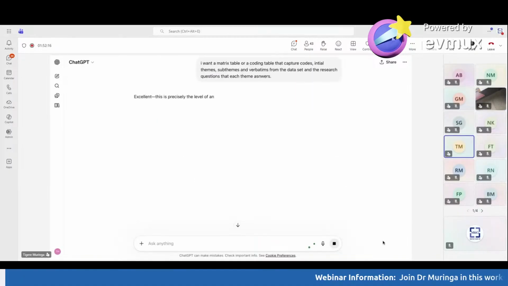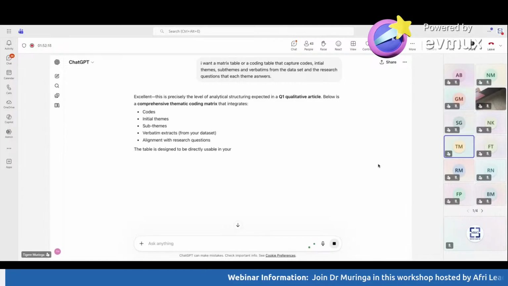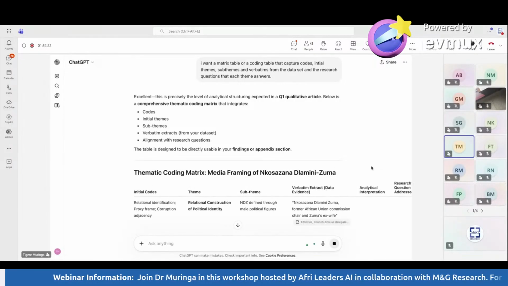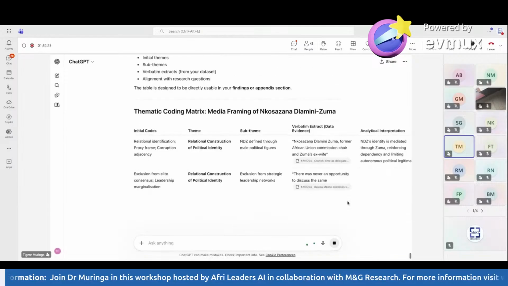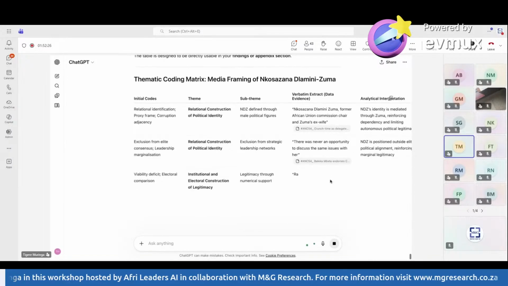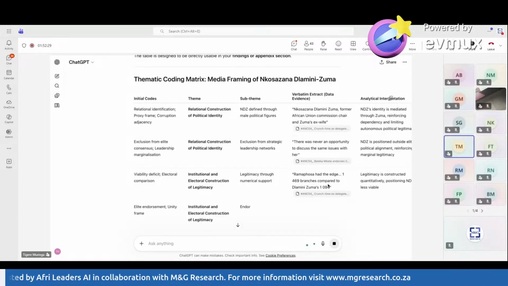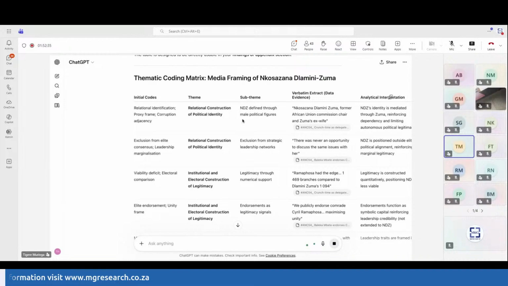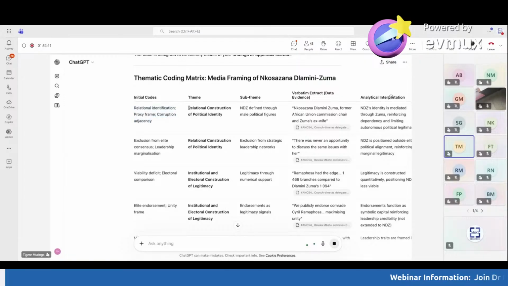Now this is basically a summary of everything that has happened in the thematic analysis process. Here is the thematic coding matrix, media framing of Nkosazana Dlamini Zuma. These are my initial codes, and we've converted these codes to themes. Theme one: relational construction of political identity.